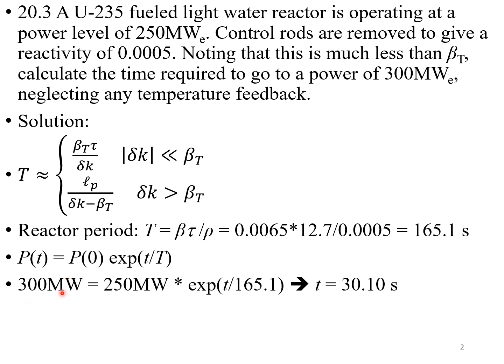We have 300 megawatt for the final power, 250 megawatt as the initial power, times this exponential factor. This t is the duration of time for 250 megawatt to reach 300 megawatt. Then we solve this equation, and t will be equal to 30 seconds. This means that after 30 seconds, this reactor will go from 250 megawatt to 300 megawatt.